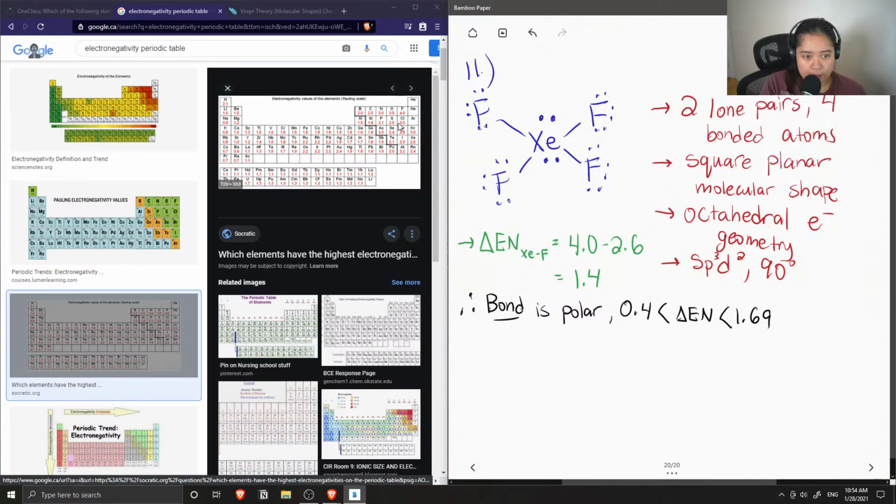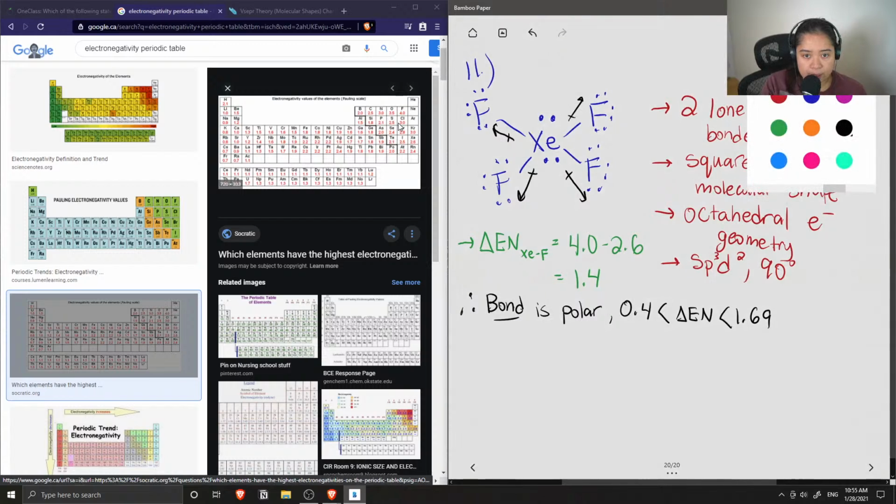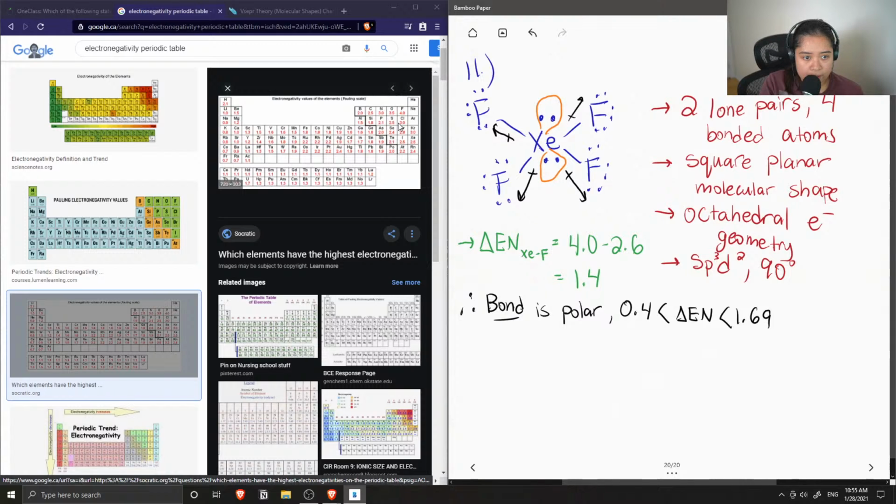So let's draw out dipole moments towards the fluorine to show that they're more electronegative. But if we look at the structure of our molecule, you'll see that the 2 lone pairs can be drawn like that. Because of this symmetrical shape, the overall molecule is nonpolar.